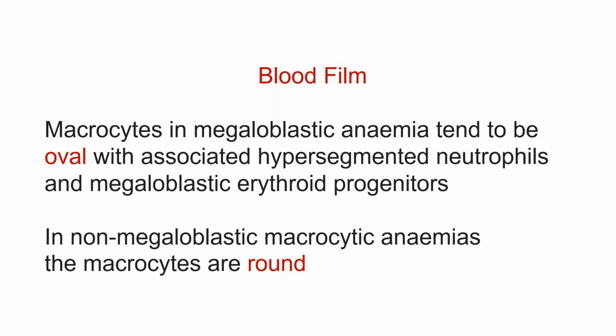A macrocyte in megaloblastic anemia tends to be oval, with associated hypersegmented neutrophils and megaloblastic erythroid progenitors. In non-megaloblastic macrocytic anemia, the macrocytes are round.